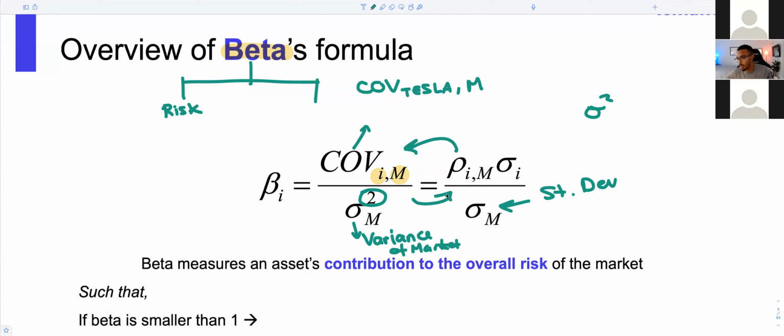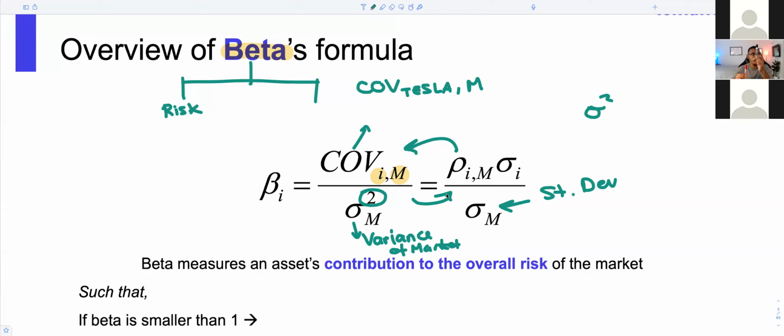Just to give you a quick refresher, what is the covariance? The covariance assesses how two different items move in tandem. A positive covariance, a positive relationship, would suggest that if this goes up, this would also go up. A negative covariance, a negative relationship, would suggest that if this item goes up, this item will go down.